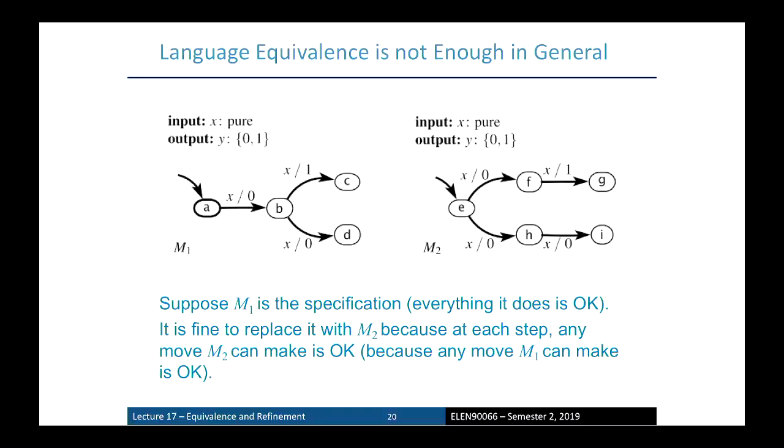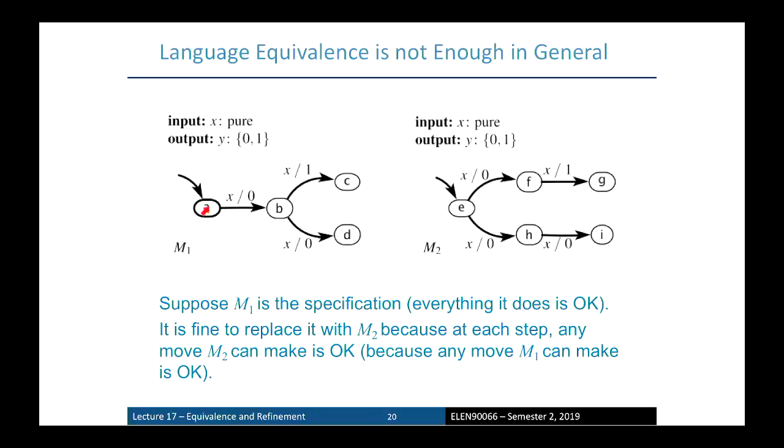Now, it's fine to replace this machine here with this machine M2, because at each step in the sequence, or transitioning through here, any move that M2 can make is also okay, because any move that M1 can make is okay. All right, what does that mean? Let's trace through this.